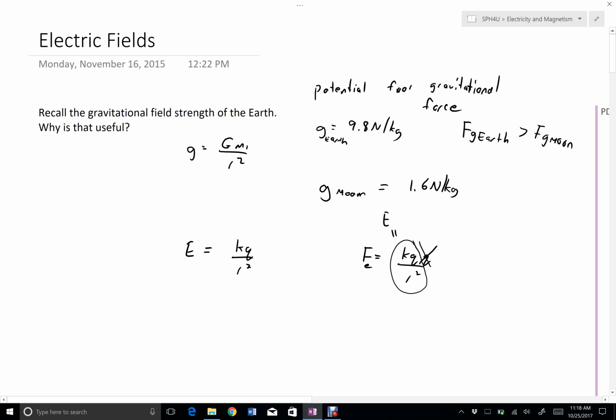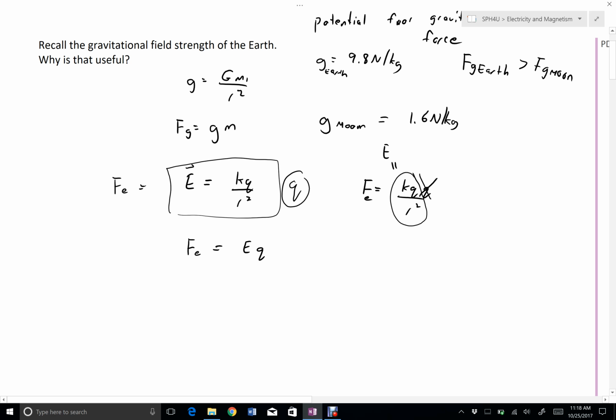And then, just like we did with the force of gravity, if we know little g, then we get a nice little trick to come up with forces of gravity where we can take the little g times the remaining mass. Similarly here, if we come up with our electric field, then we can determine our electrostatic force much more easily by taking our electric field times our charge. So this says how much potential for electric force is there without knowing what charge that electric field would be working on to generate the actual force.